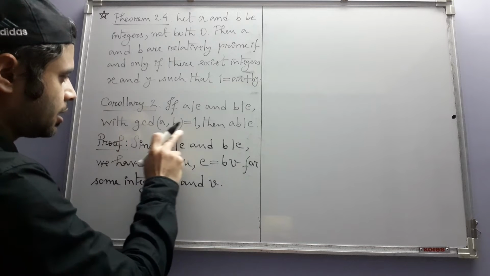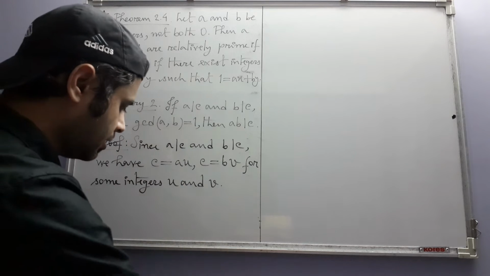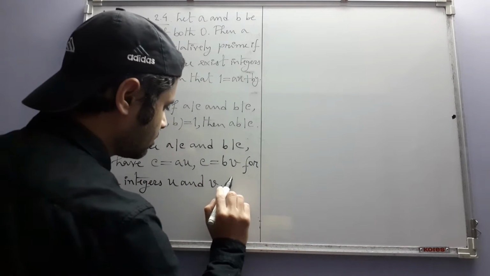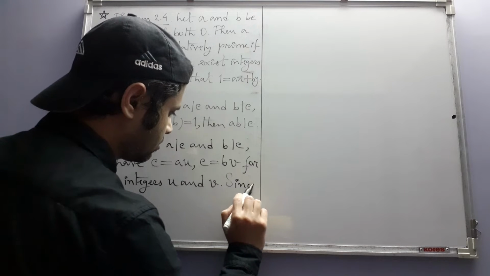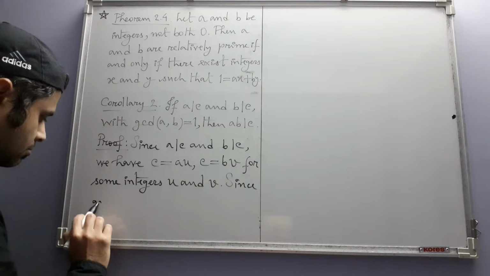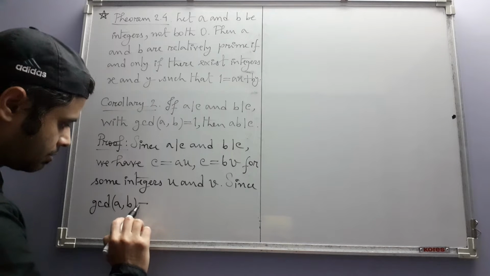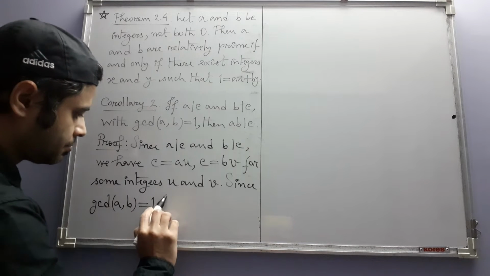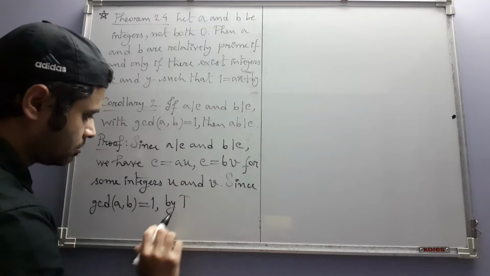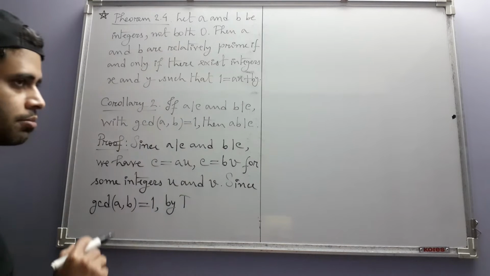Now additionally we are given that a and b are relatively prime. Since GCD of a and b is 1, so now we can use theorem 2.4.